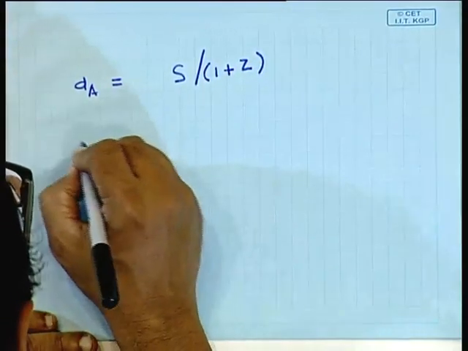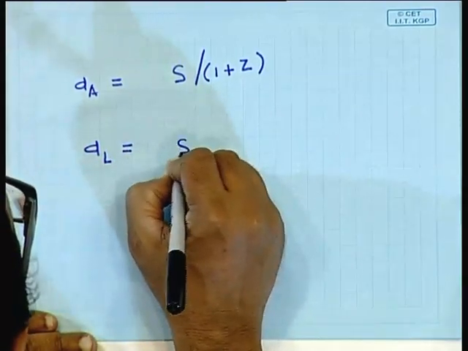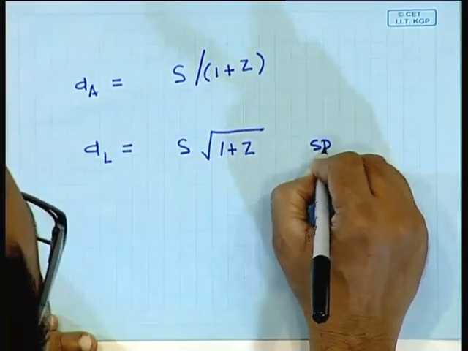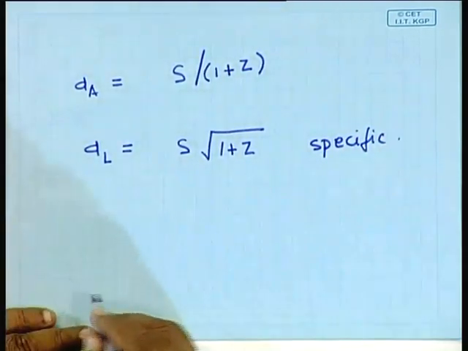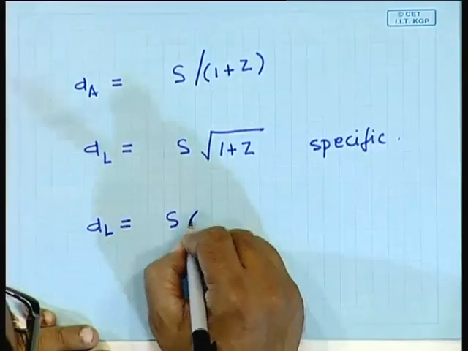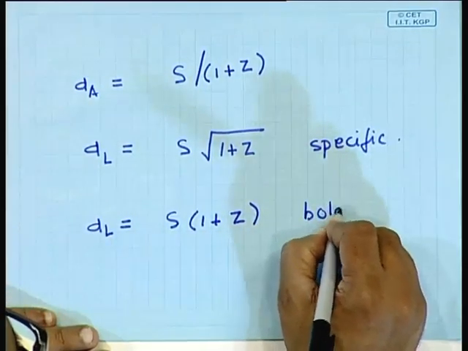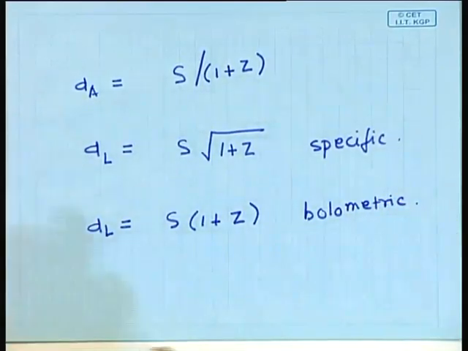Then this is the luminosity distance based on the specific luminosity, and we also calculated the luminosity distance based on the bolometric luminosity. So, we have got expressions for these three distances.